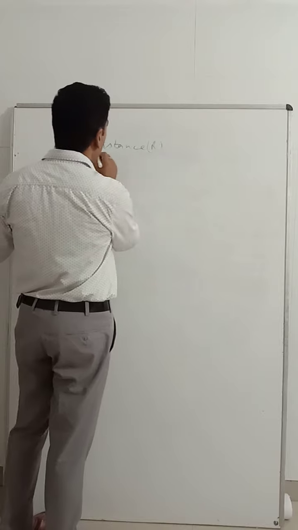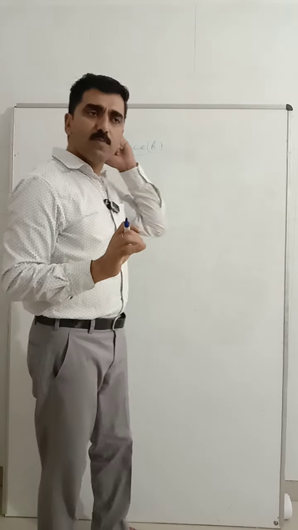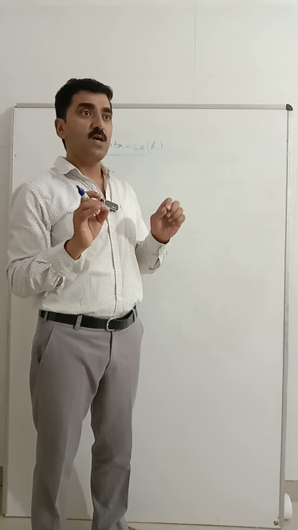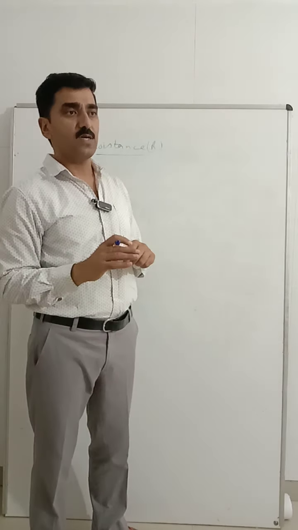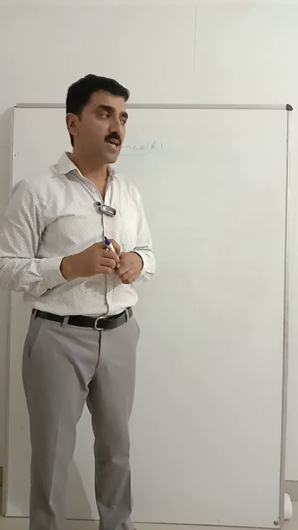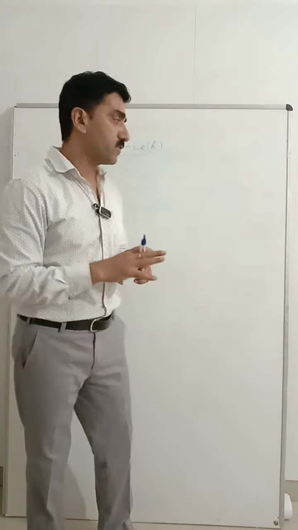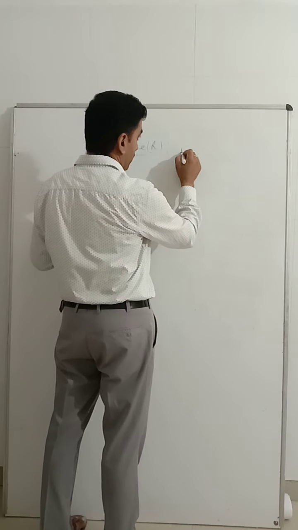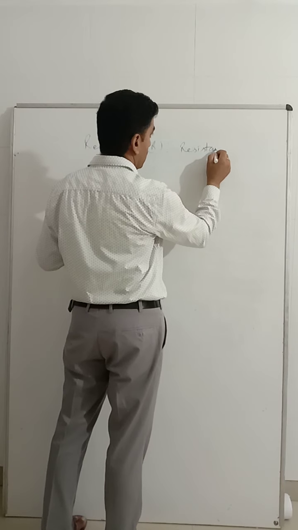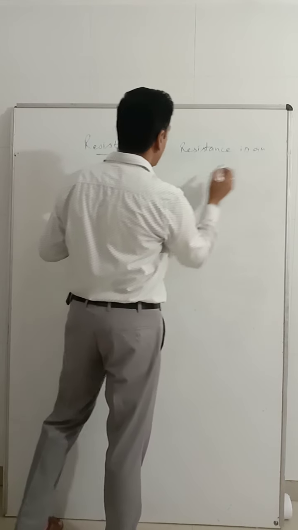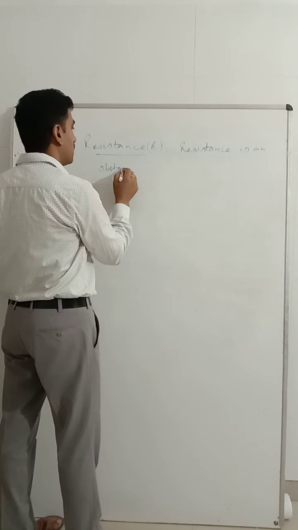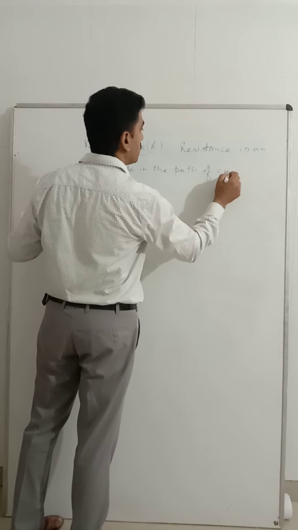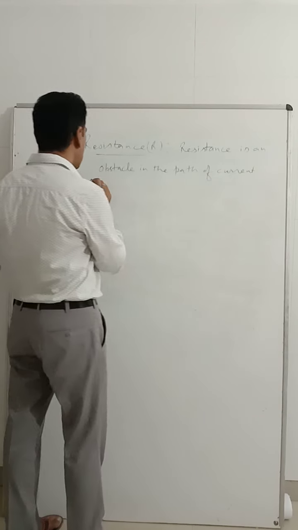Let's talk about resistance R now. Every object, every metal through which the current is passing has resistance. Even insulators, semiconductors and other substances have resistance. So resistance is an obstacle in the path of current.